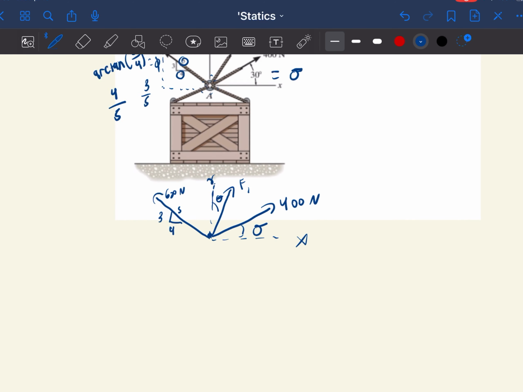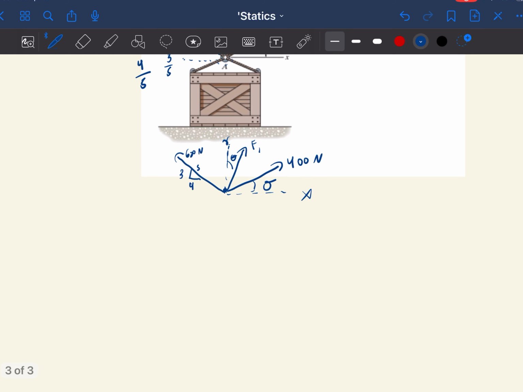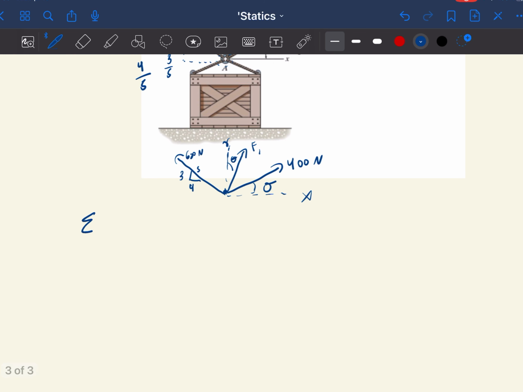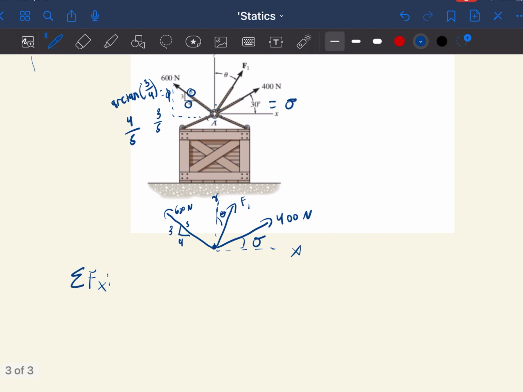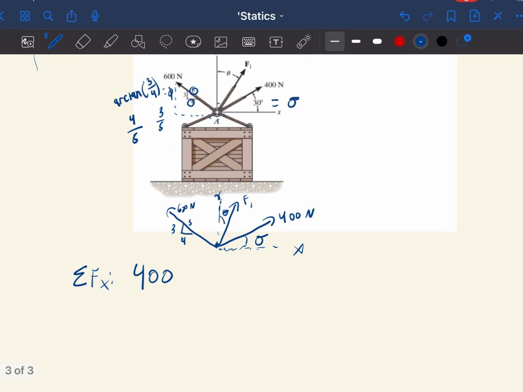So now that we have our axes and our free body diagram built up, we're going to move on to the sums of forces equations. We're going to need the sums of forces in the x and the sums of forces in the y. Sums of forces in the x, what do we have? Well, we want to grab the x component of this 400 newton force. How do we do that? We know we can do 400, obviously. And how do we grab this component? We have to use our trig rules, SOHCAHTOA. We basically want the adjacent leg here.